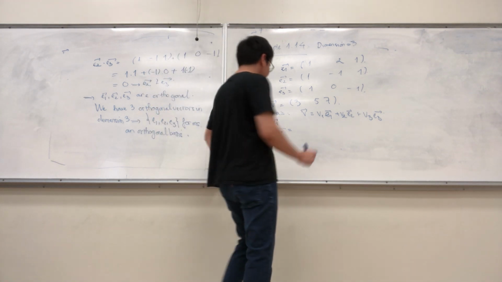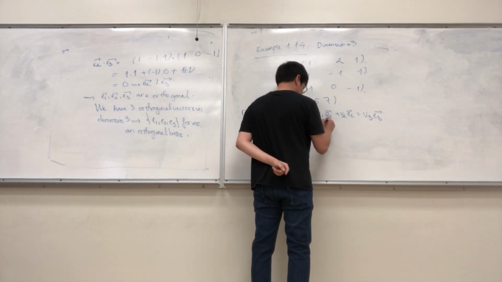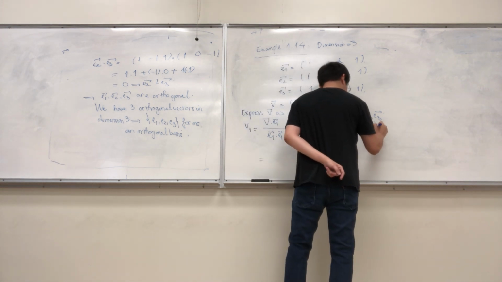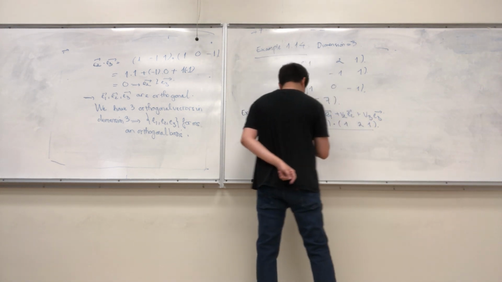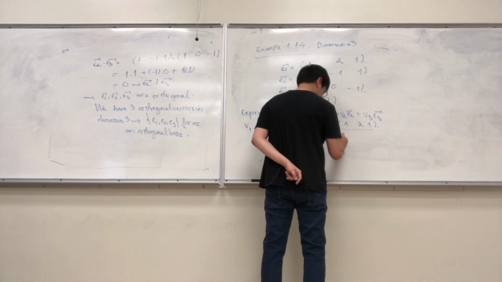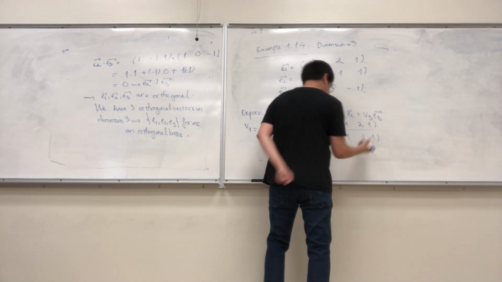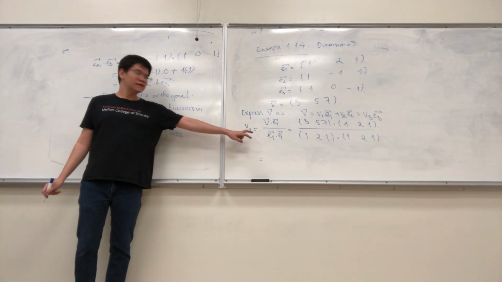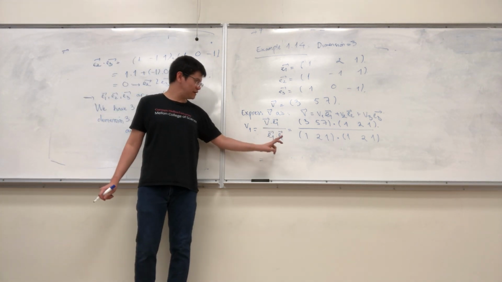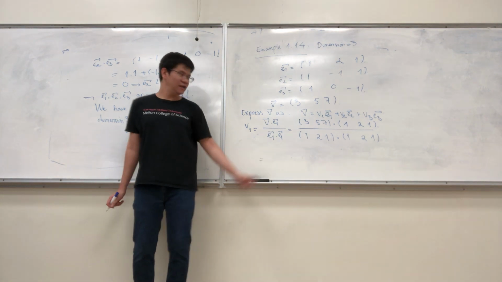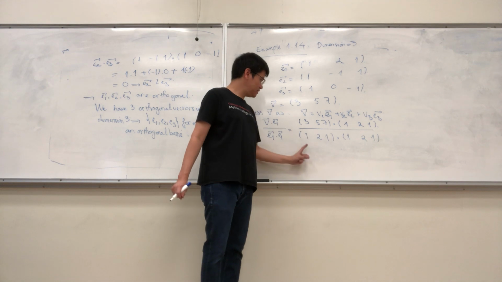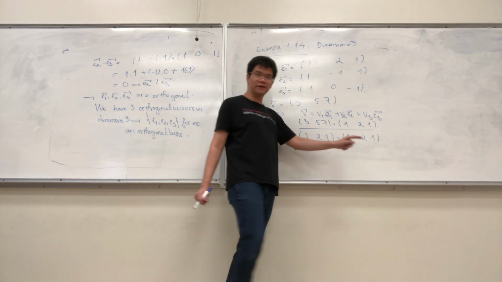So what I have is (3, 5, 7) times (1, 2, 1), and I divide by (1, 2, 1) times (1, 2, 1). All right? So this is the formula that we have.